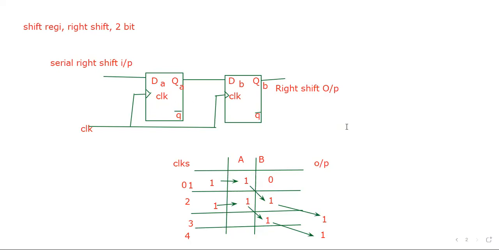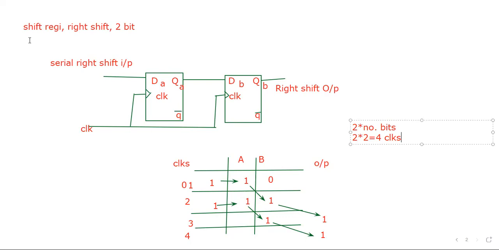So this is our scenario. The thing is we have double the number of clocks, 2 times the number of bits. Here we have 2 bits, so 2 times 2 equals 4 clocks required. To transfer 2-bit data we require 4 clocks because it is serial.